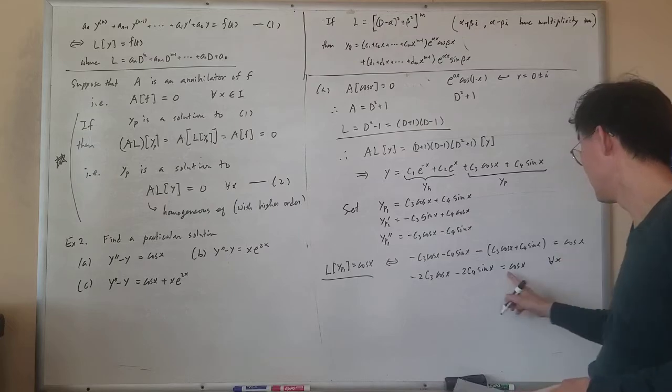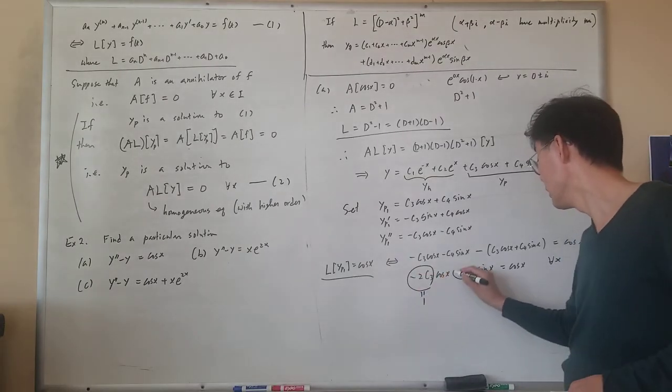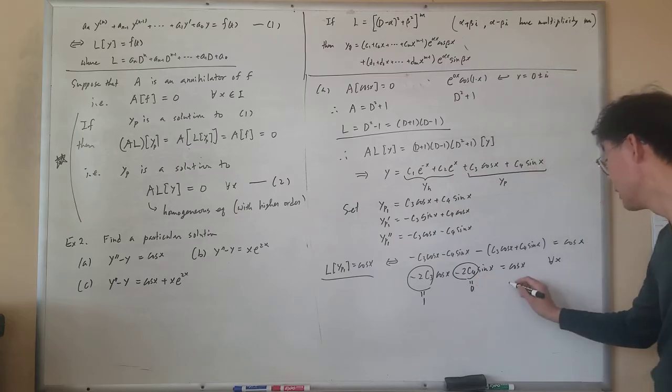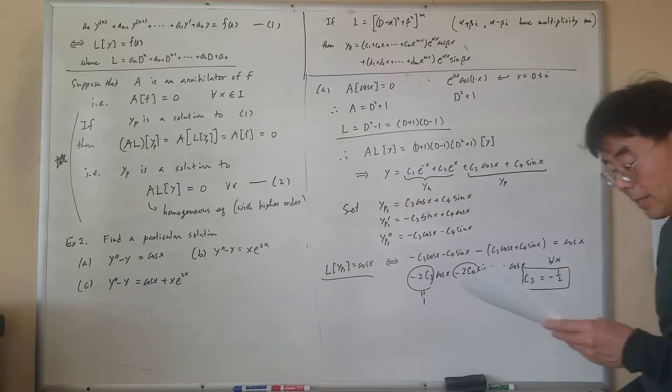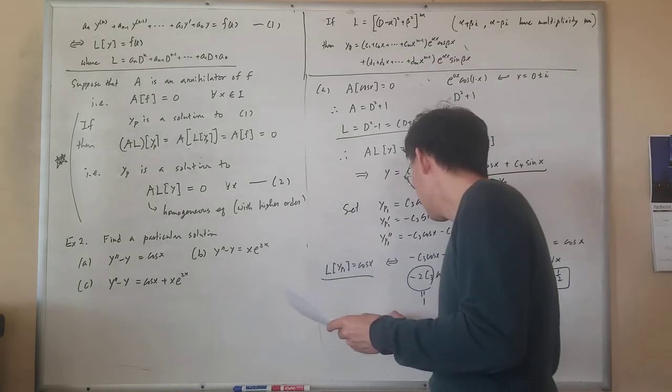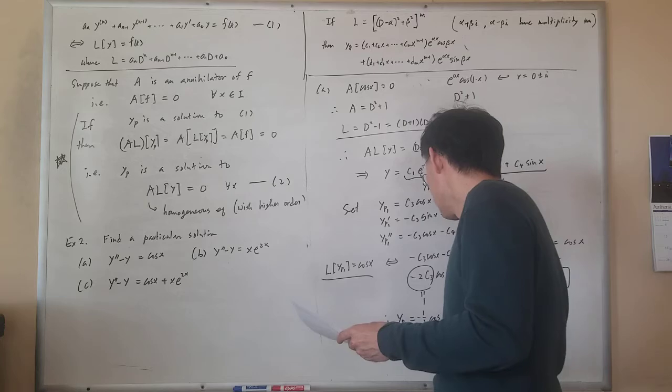For all x, in order for this to happen, this has to be 1, this has to be 0. So c3 must be negative 1/2, and c4 is 0. Okay? So we find that the particular solution is negative 1/2 cosine of x.